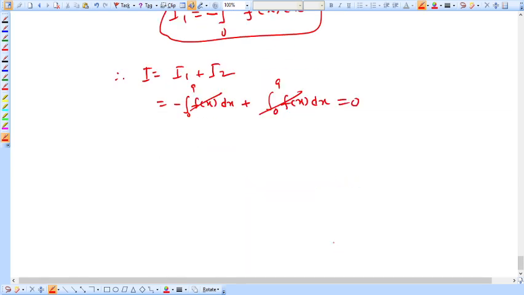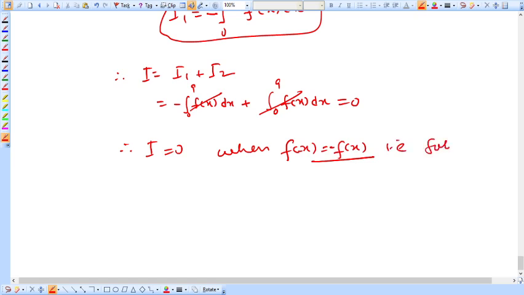So therefore we can write, therefore I is equal to 0 when f of x is equal to f of minus x is equal to minus of fx, that is for odd function.